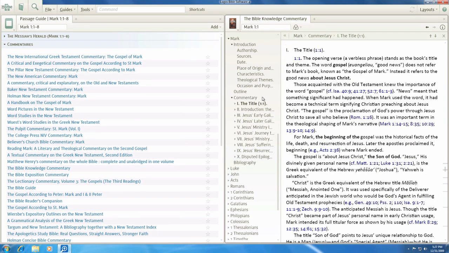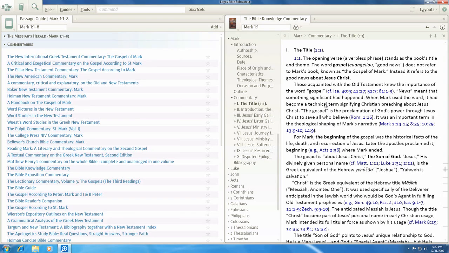And this resource offers commentary, verse by verse. Here it tells us a little bit about verse 1 and what's going on with the word gospel, what it means, what the Gospel of Mark actually refers to, that the word gospel is associated with the Old Testament. And so the commentary tells us something more to help us understand the passage.